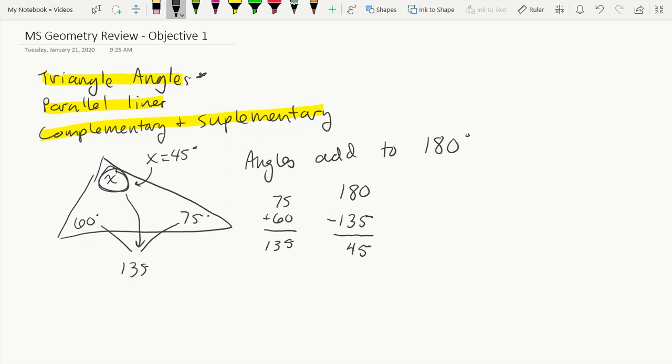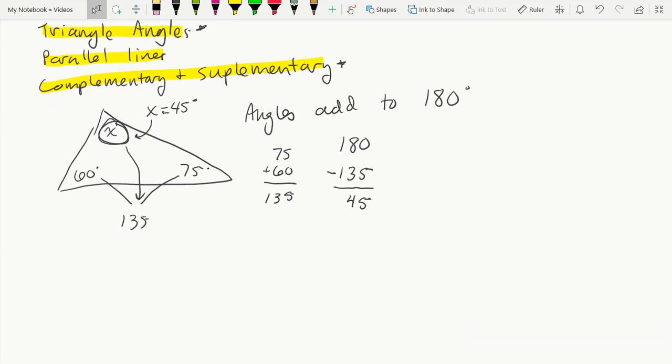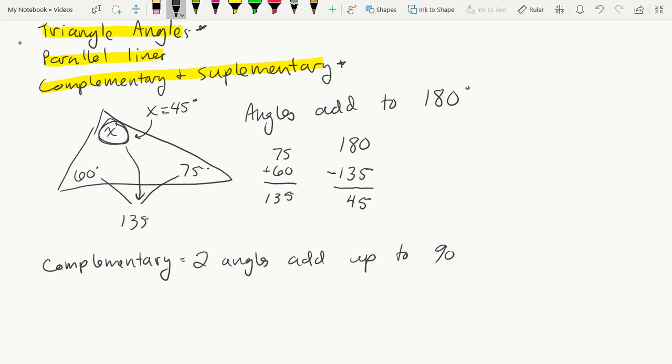Let's next go down to complementary and supplementary, and then we'll do some parallel line stuff. Complementary and supplementary is just all about remembering which one's which, okay? So complementary means two angles add up to 90 degrees. So I like to think of complementary angles as being part of a right angle.